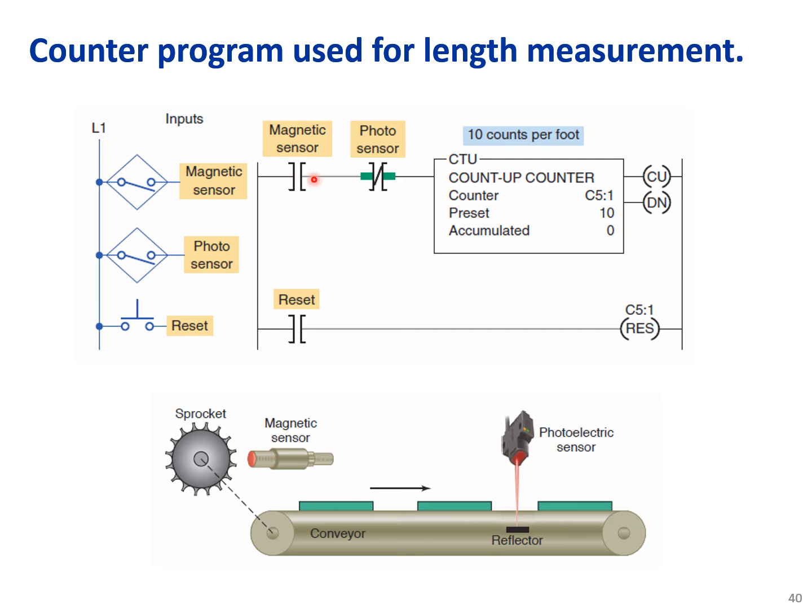We have a magnetic sensor here, and for this example that magnetic sensor works the same as the optical encoder, because we have a sprocket here, and every time one tooth of the sprocket passes by this magnetic sensor, we have one pulse. So this magnetic sensor is creating that pulse, similar to the optical sensor in optical encoders.